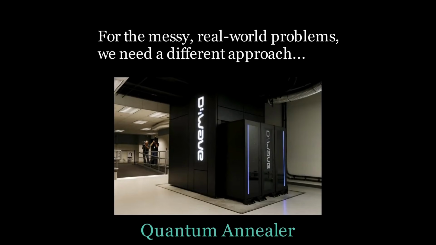It's not a general-purpose computer, but a highly specialized piece of hardware designed to do just one thing: find the lowest energy state of a physical system that is programmed to behave just like our Ising model. It tackles the problem not by crunching numbers, but by using the laws of quantum mechanics to feel out the entire landscape of possibilities at once and settle into the valley of lowest energy, the ground state.